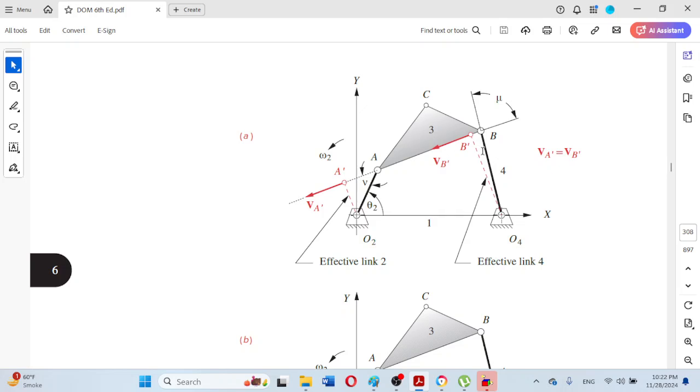That angle will be treated as the angle of transmission. So both the angle V and the angle mu must be considered less than 90 degrees, or acute angles.